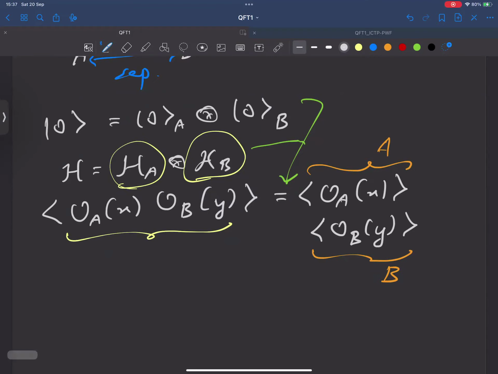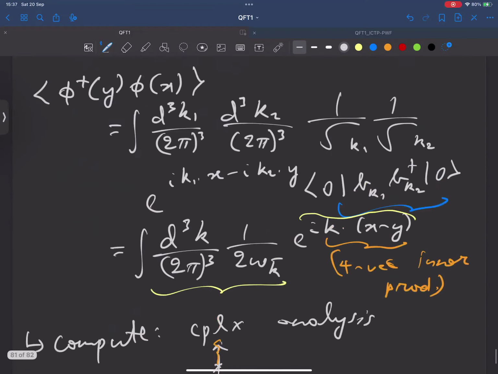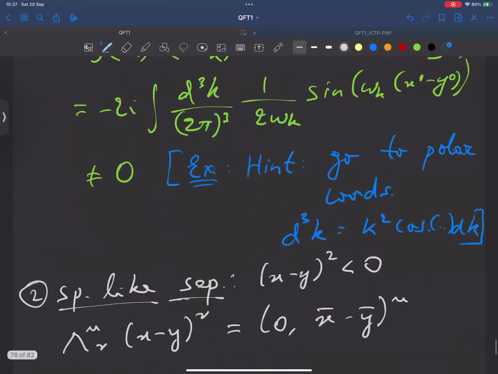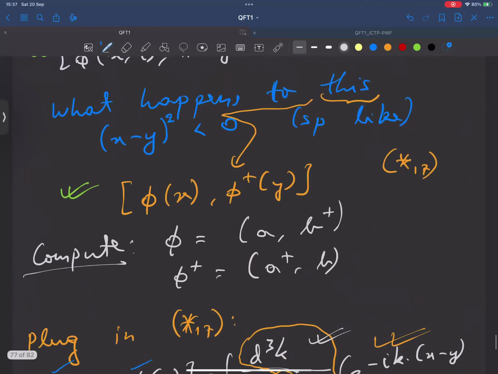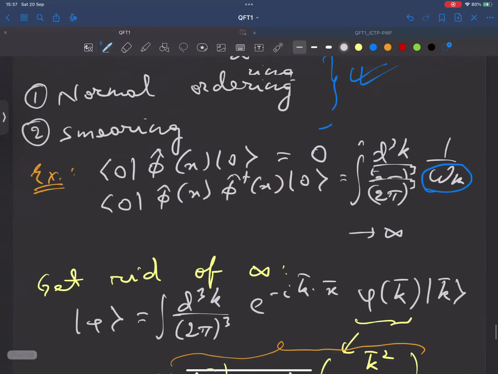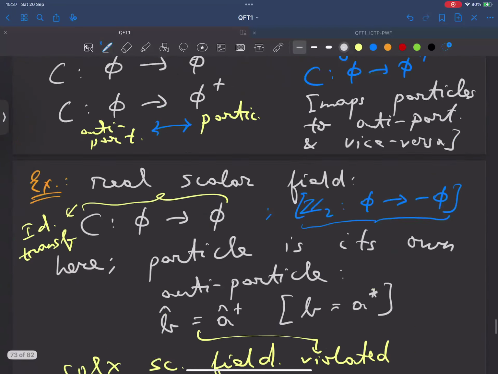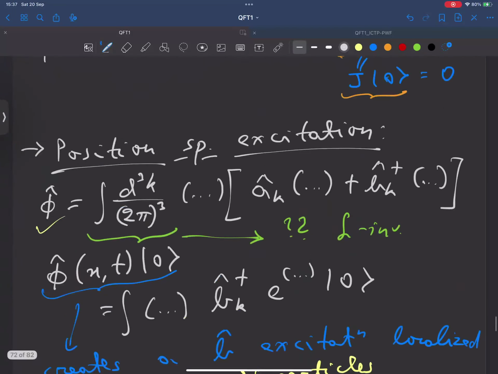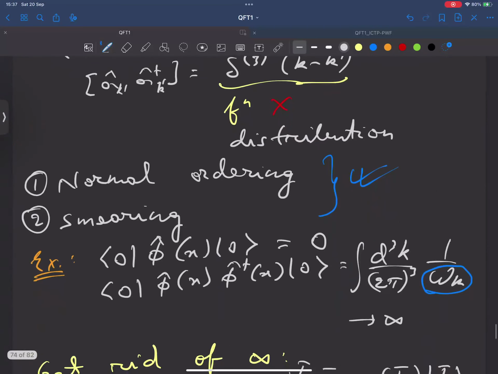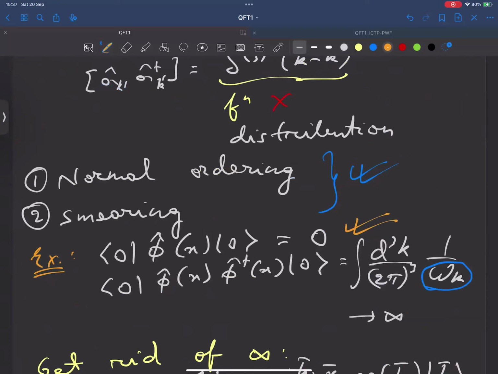Now recall that we had argued, where did we argue that? Just give me a moment. When we talked about smearing, we had this condition. Yes, we had this condition that for phi, the 1-point function, which is just the expectation value of phi in the vacuum, was 0.